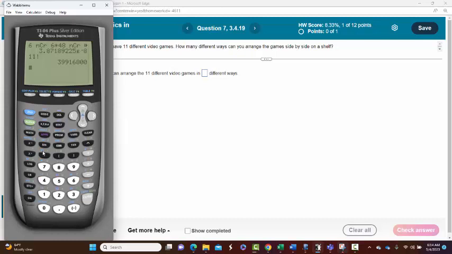And I want to go 11, just so you can see this. But obviously, you can just use the permute. Permute 11 is going to be the same number. There you go. 39,916,800.